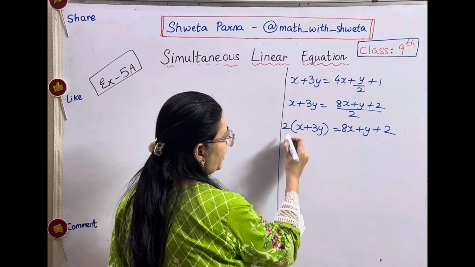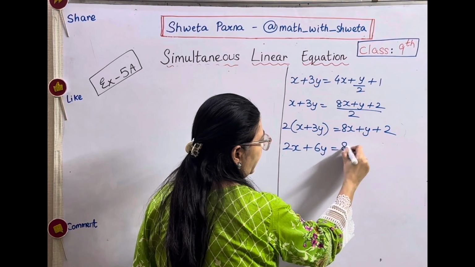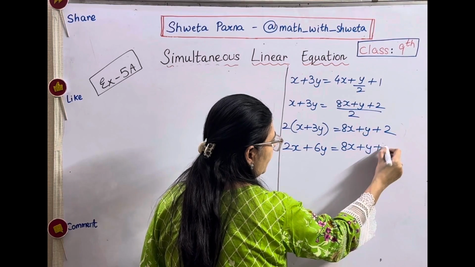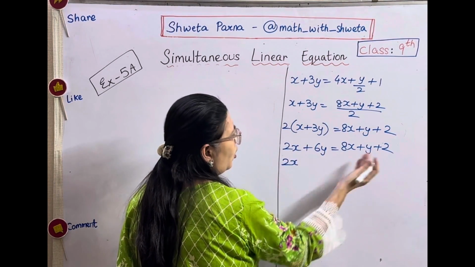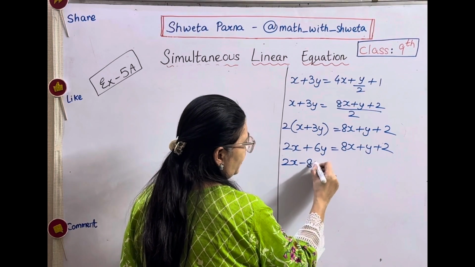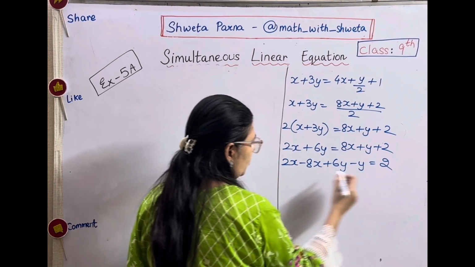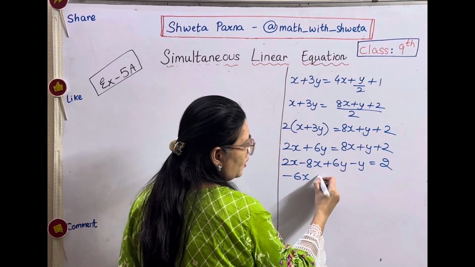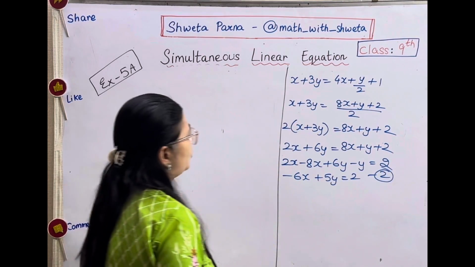So open the bracket. 2x plus 6y is equal to 8x plus y plus 2. Now bring this to the other side. Minus 8x plus 6y minus y is equal to 2. Minus 6x plus 5y is equal to 2. This is your second equation.